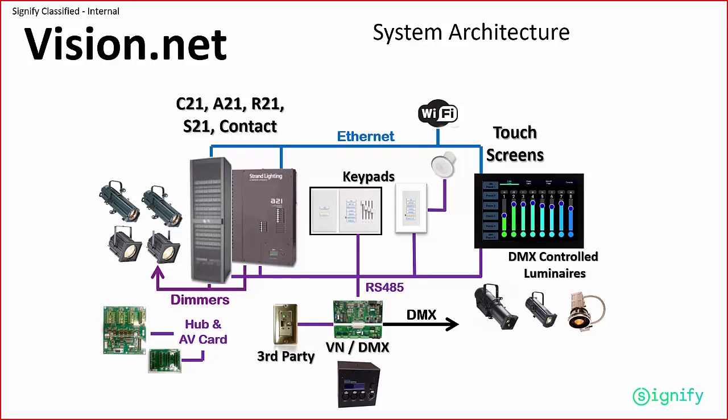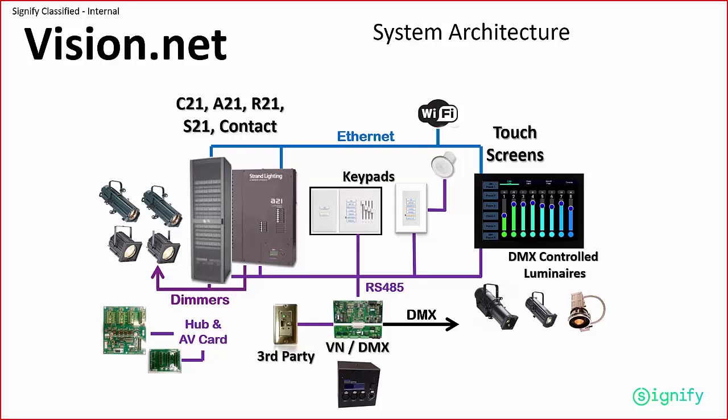But if we look on the other side, we're going to communicate with the touch screens. They can be communicated to using the serial connectors, serial line RS-485. They also can be connected directly through Ethernet. If you have an Ethernet backbone, you can have Wi-Fi connectivity.